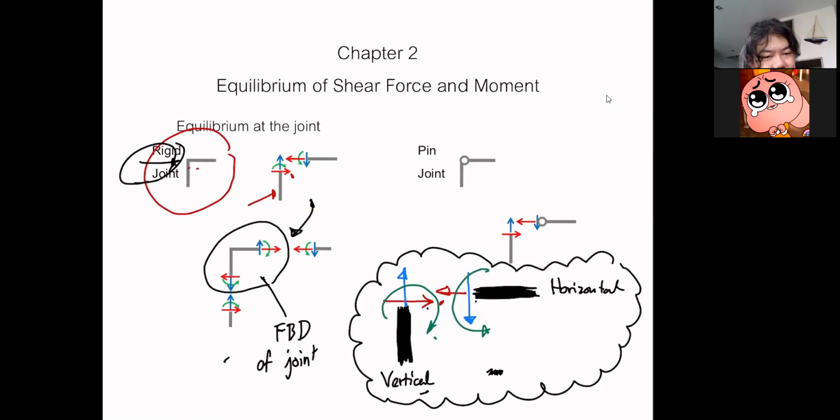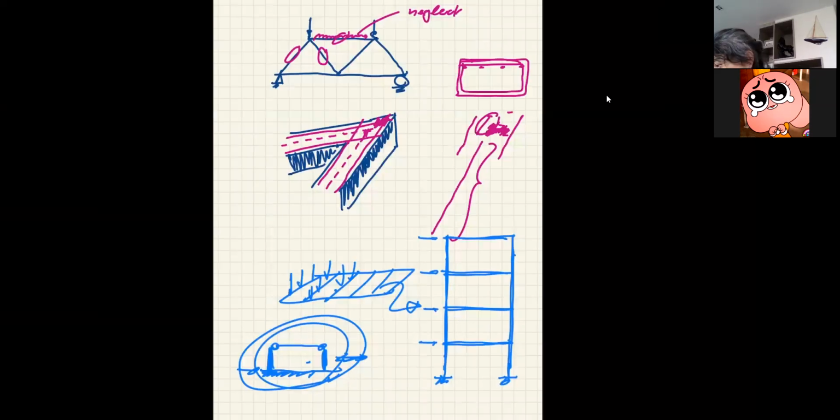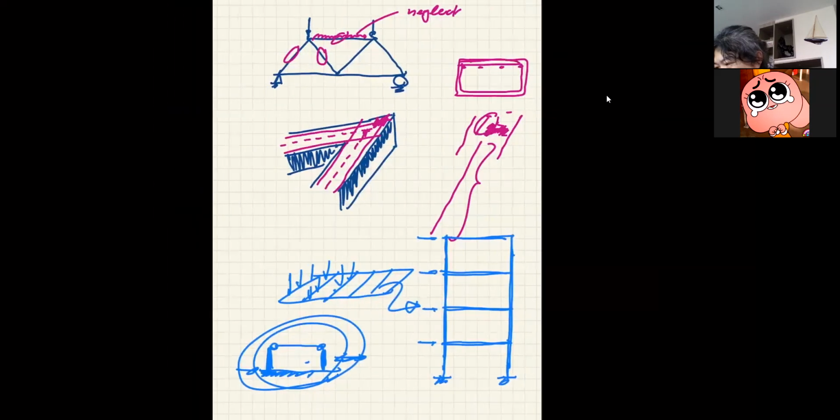You want me to demonstrate this as well? Maybe I should. I'm just going to come here and draw the new one because I ran out of space. So let's look at the frame. Let's say we are going to make this determinate.